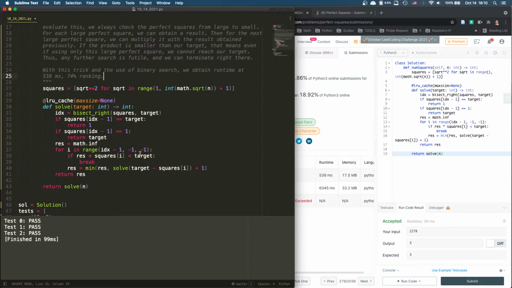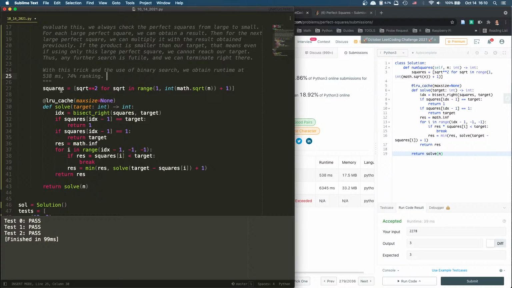Yeah, I do think every single one is... I'm gonna throw O square root n, and my rationale is to create squares, take O square root n, and then from target going down, take away every single one in the squares, right?